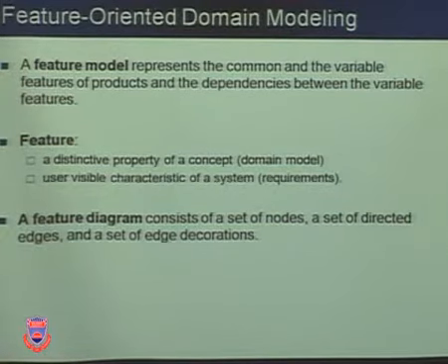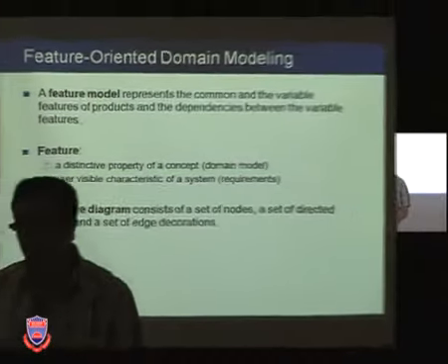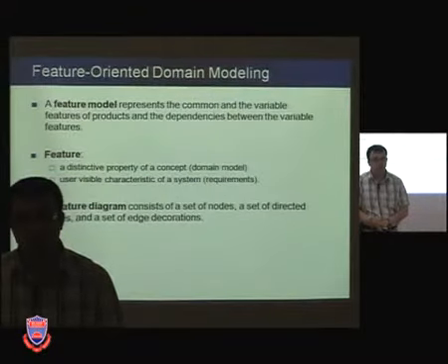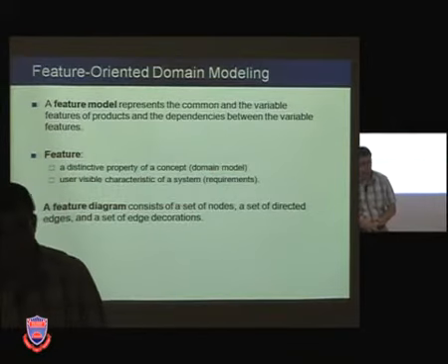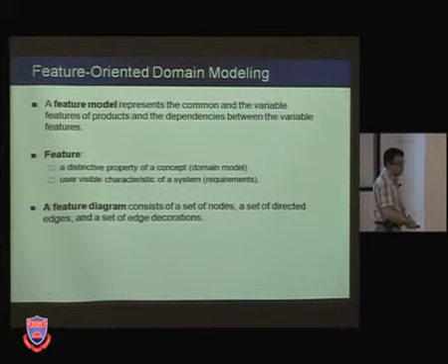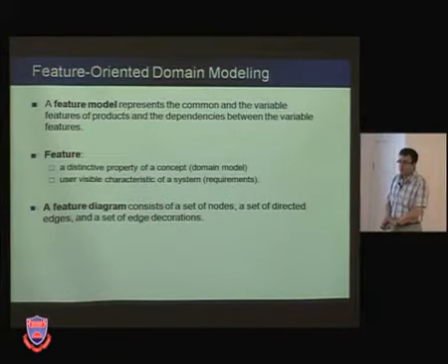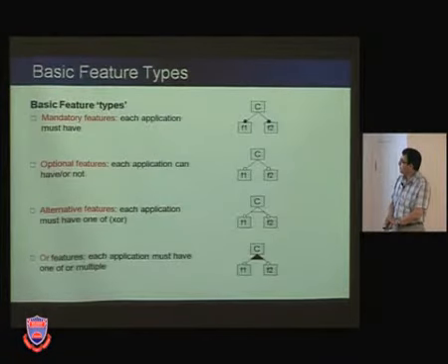Like a mobile phone, that's a concept. A feature could be whether it has Bluetooth or not. Right? Or a display, red, green, or that was the feedback display, right? Etc. We will see some examples. A feature diagram is a tree consisting of nodes.